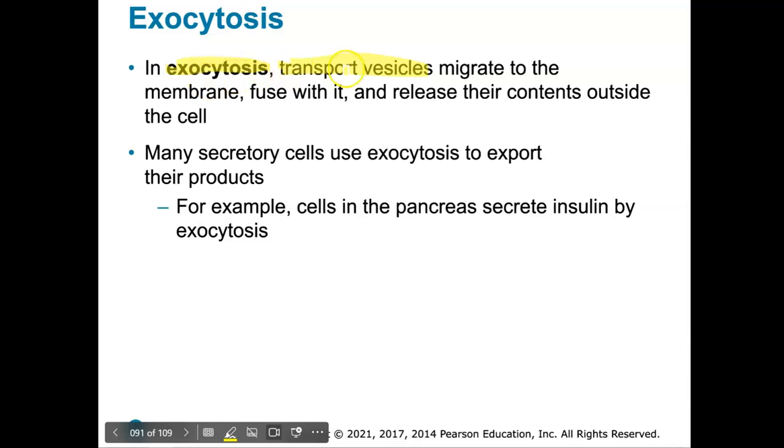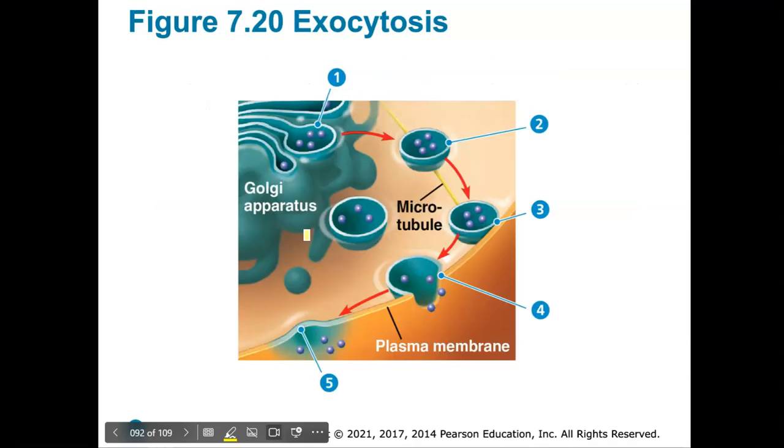So exocytosis uses transport vesicles to move a large amount of substance outside the cell. And a lot of times, cells that secrete something, like the cells of the pancreas secreting insulin, do this by exocytosis, okay?